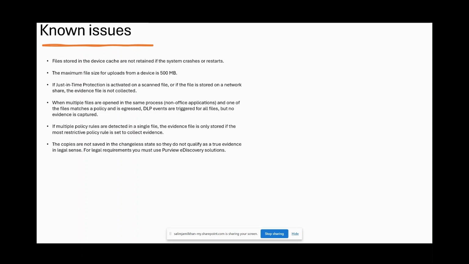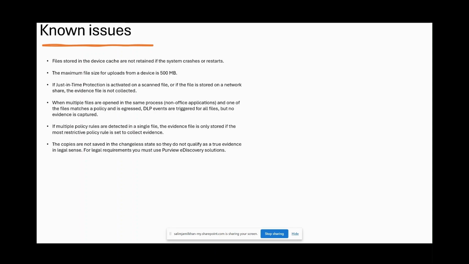Then the file will not be collected as evidence, because when both rules are applicable, block and do not allow override is considered more restrictive, but this rule doesn't have file evidence enabled, so it will not collect the file.